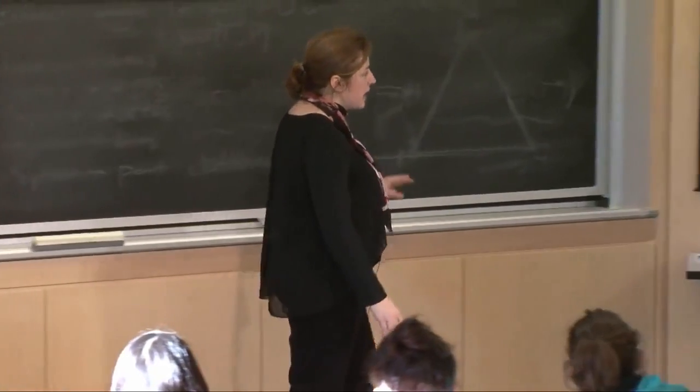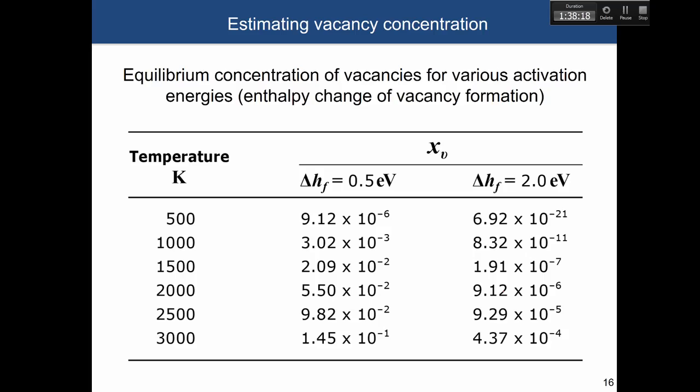So these are examples of the equilibrium concentrations of the vacancies for two activation energies. The reason why I'm showing them is just to demonstrate that these are typical numbers. And at the same time, for a given temperature, the equilibrium concentration of the vacancies can be dramatically different. I'm changing the activation energy by 4 times, from 0.5 to 2 electron volts, and you can see that the concentration of the vacancies is changing by 15 orders of magnitude.